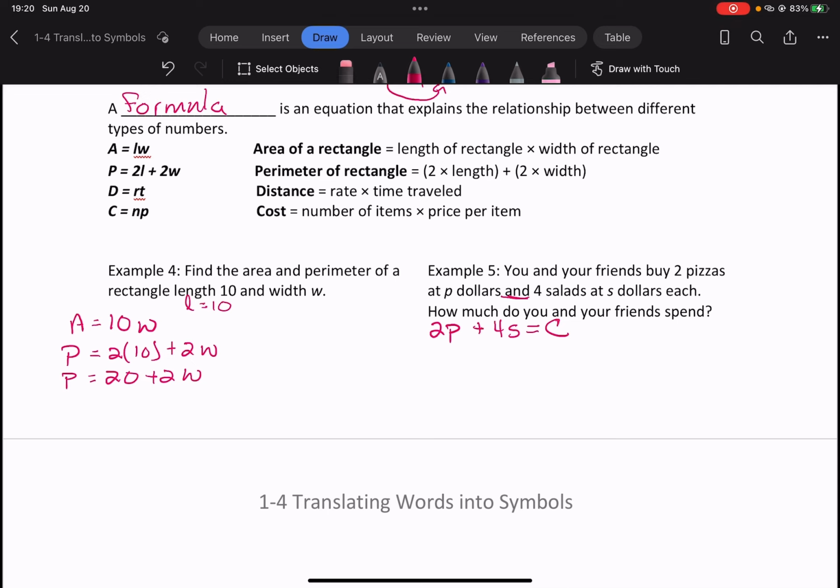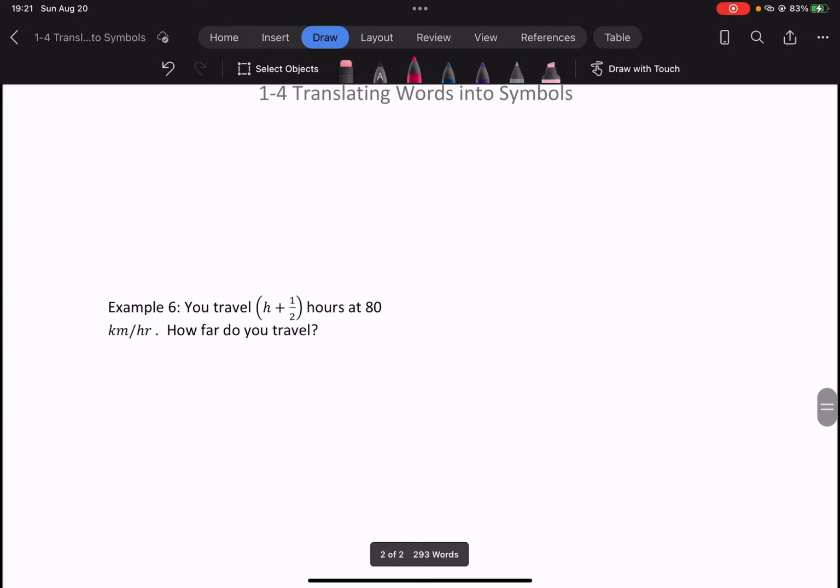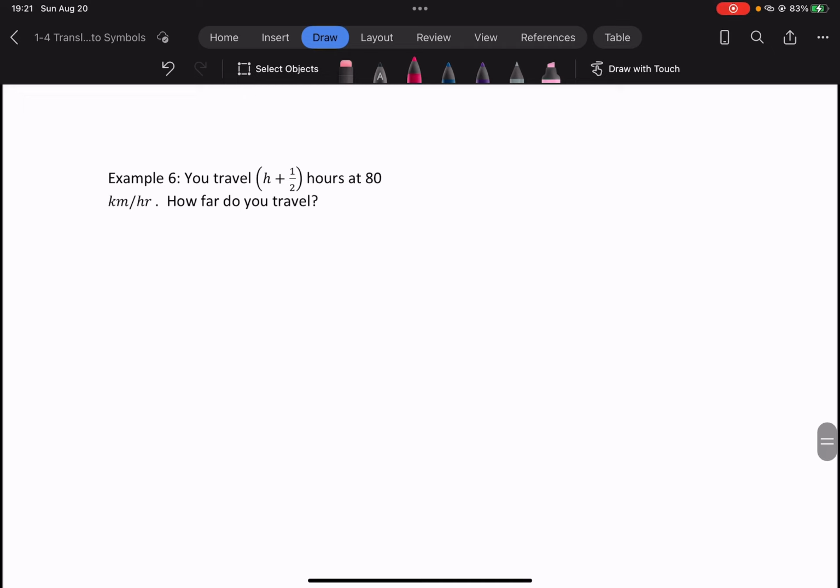It's kind of like when you go to the store and you buy 3 Mountain Dews and 2 bags of chips. You total up the amount of Mountain Dews you bought and you total up the amount of chips you bought and you add them together. Same thing here, okay? It's just like going to a restaurant and you order all this stuff. So let's go to the next page, last one. It says if you travel H plus 1/2 hours at 80 kilometers per hour, how far do you travel?